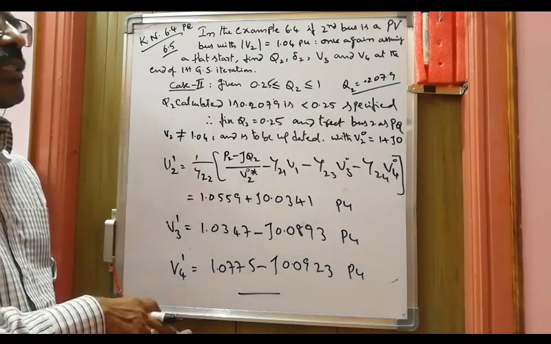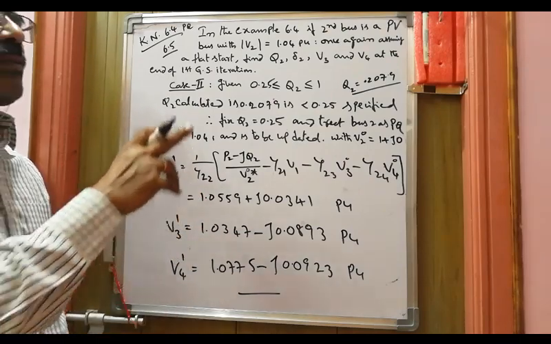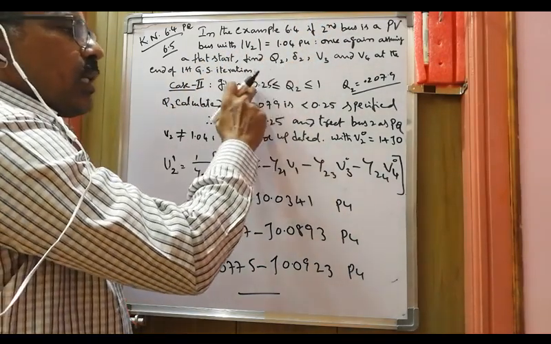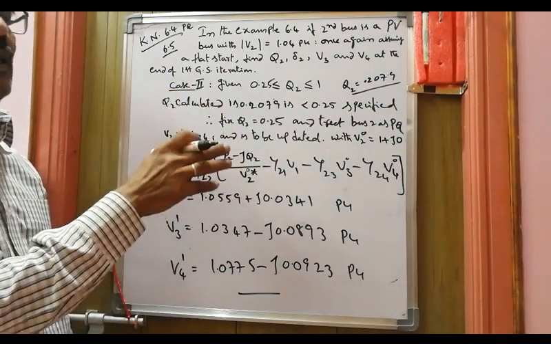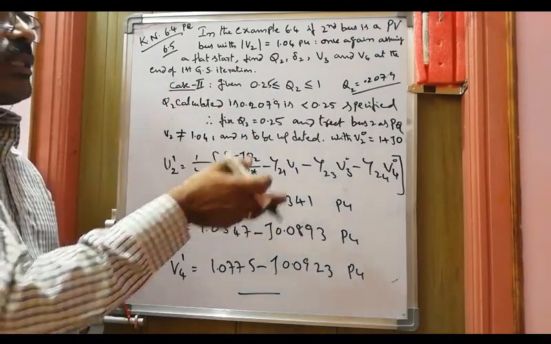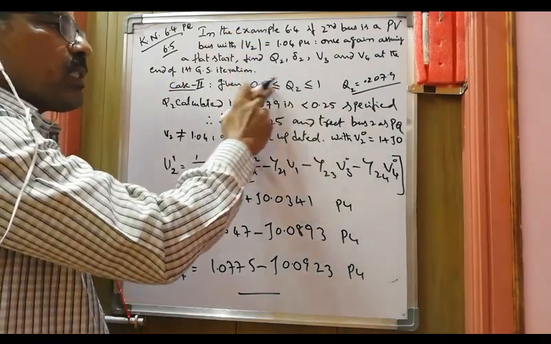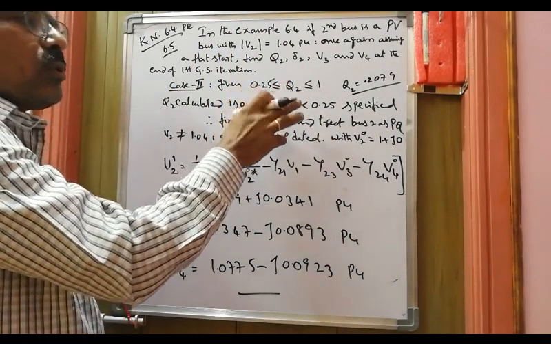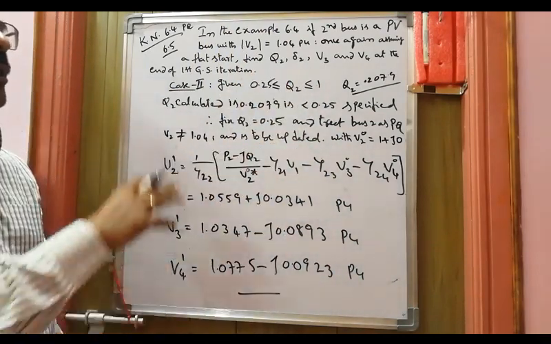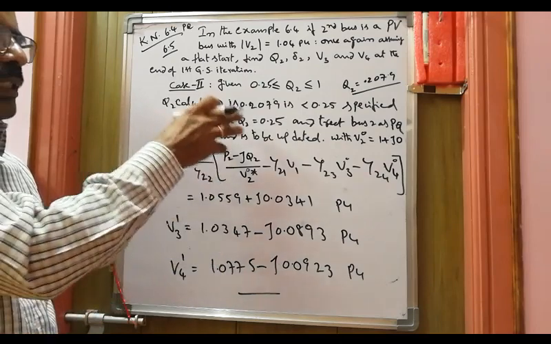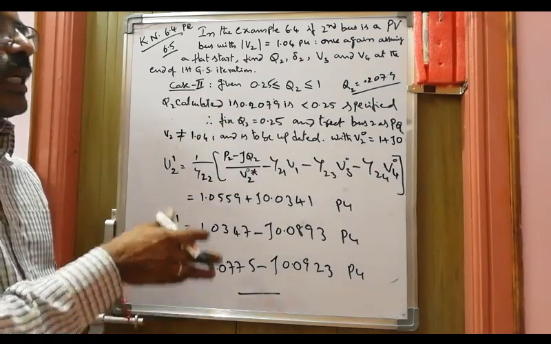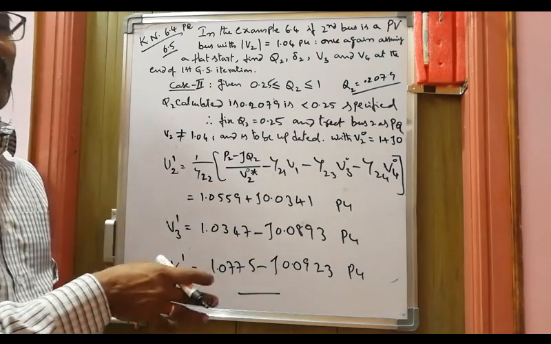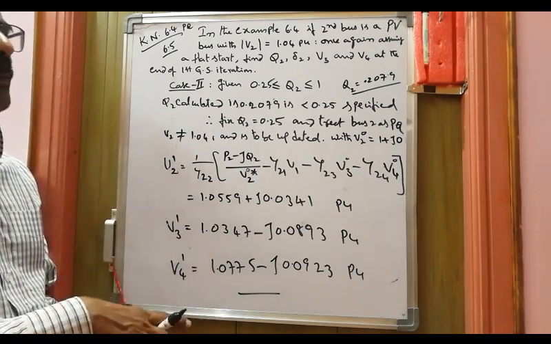The second case, one of the buses is given as PV bus with limits 0.2 less than or equal to Q2 less than or equal to 1. The third case is the same PV bus with limits changed. How the problem is to be done is clearly explained. Try to understand and get back with doubts if there are any.